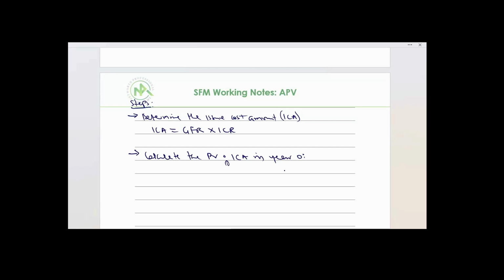So PV of issue cost amount equals issue cost amount multiplied by discount factor at year 0. Whatever I have, I will post. Of course, it has to be in brackets.